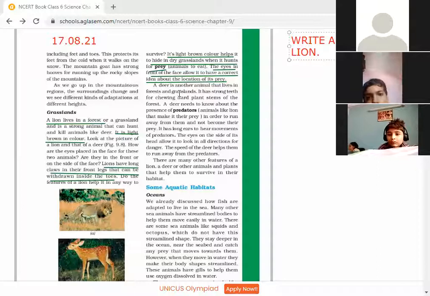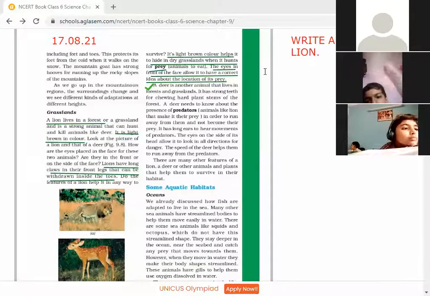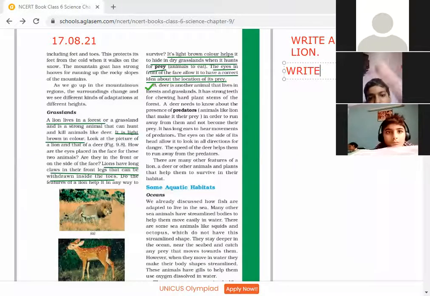So in the next paragraph, children, there are the adaptations of deer. So kindly write down, each one of you. You frame one more extra question. Write adaptations of deer.